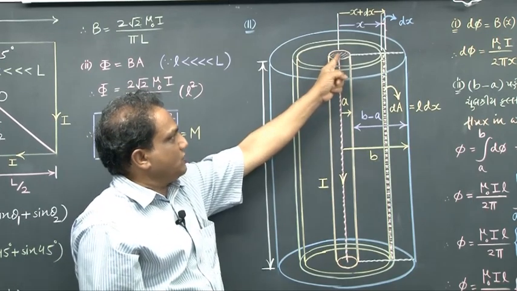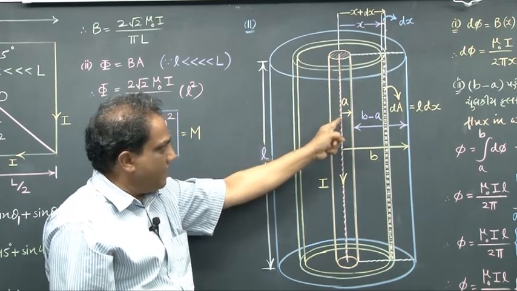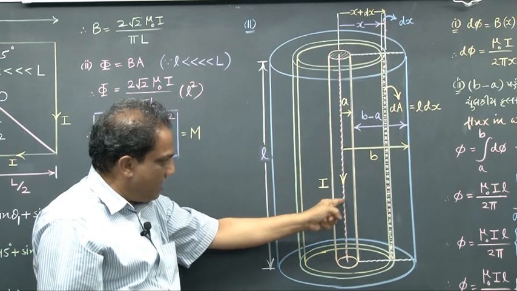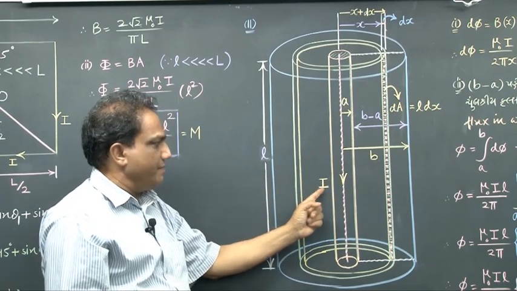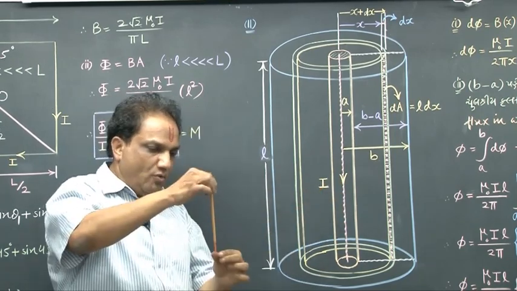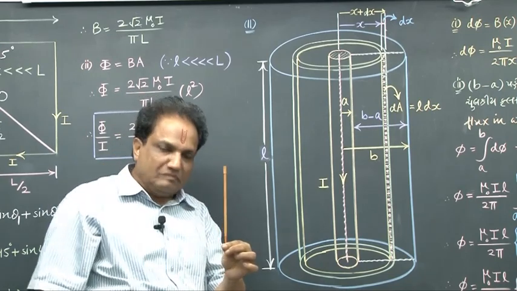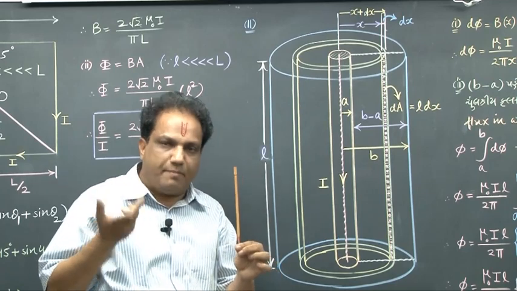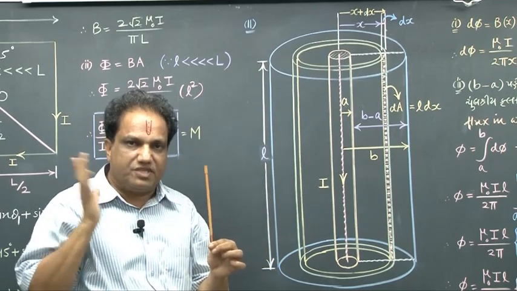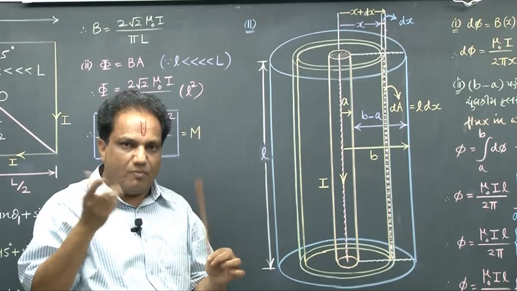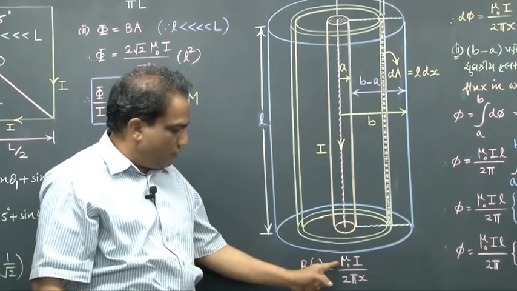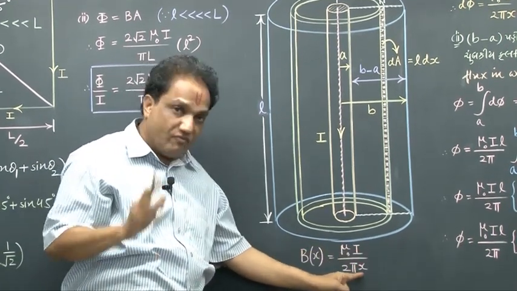Suppose current is passed through the coaxial cable, say along the axis, that current is say capital I. Now because of that current, say right now vertically downwards, what can be the magnetic field at perpendicular distance x from this axis? You know the formula, B equals mu 0 I upon 2 pi y.